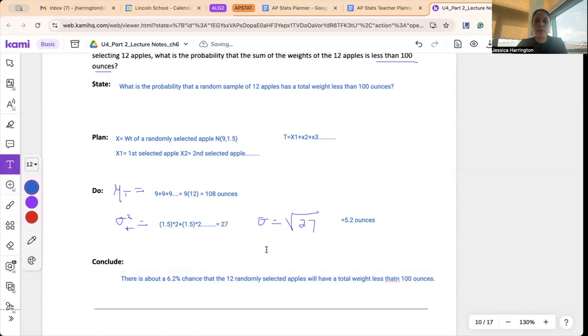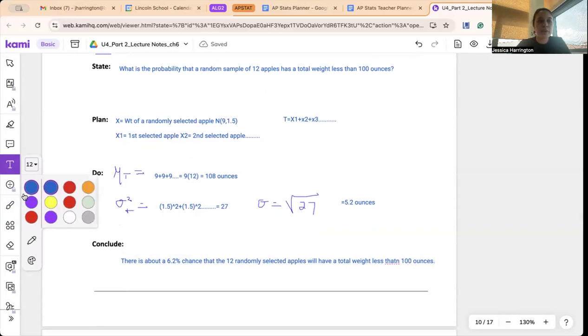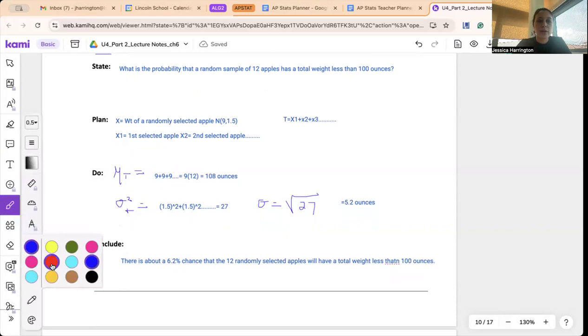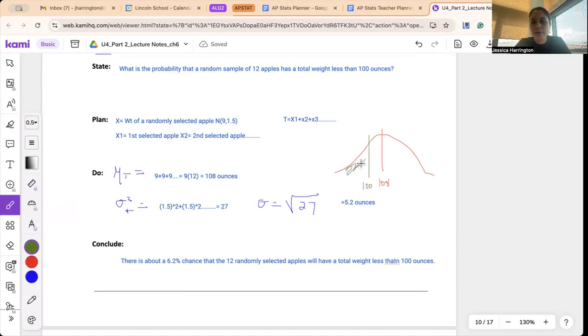Okay. But if this was an FRQ, the thing I've forgotten, which I'm going to go back and draw, is that I can draw my normal distribution. I know this is 108, and I would put the standard deviation underneath here. And what am I looking for? I'm looking for the area under 100, so this area.